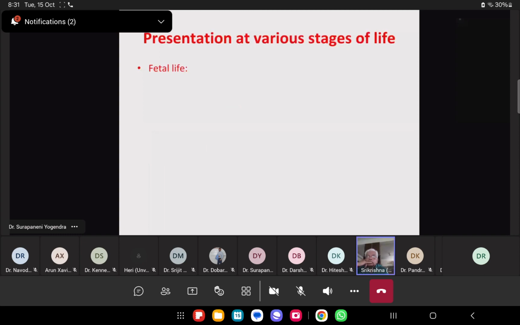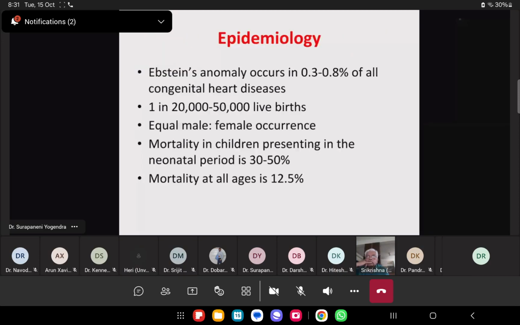Then the operations are either palliative, first medical, which you have described completely, and then palliative. Palliative may be, one, enlargement of the ASD, because it's only a PFO, and there's a problem with blood circulating to the left side of the heart. Then the Starnes operation, where there is either complete closure of the tricuspid valve or fenestrated closure.